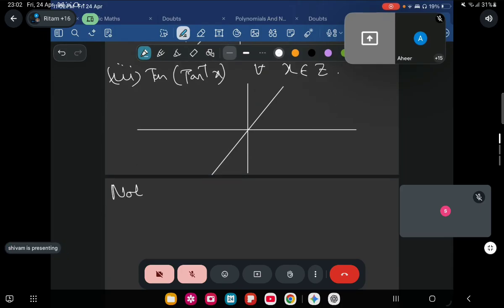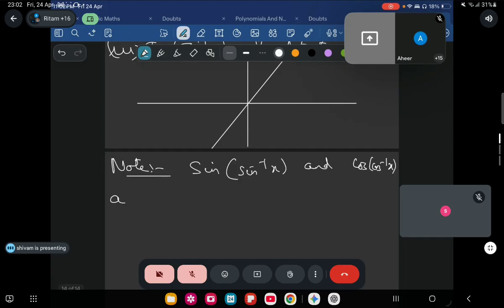Note, from the above graphs, we can see that sine of sine inverse x, this will be equal to x, and cos of cos inverse x are identical.